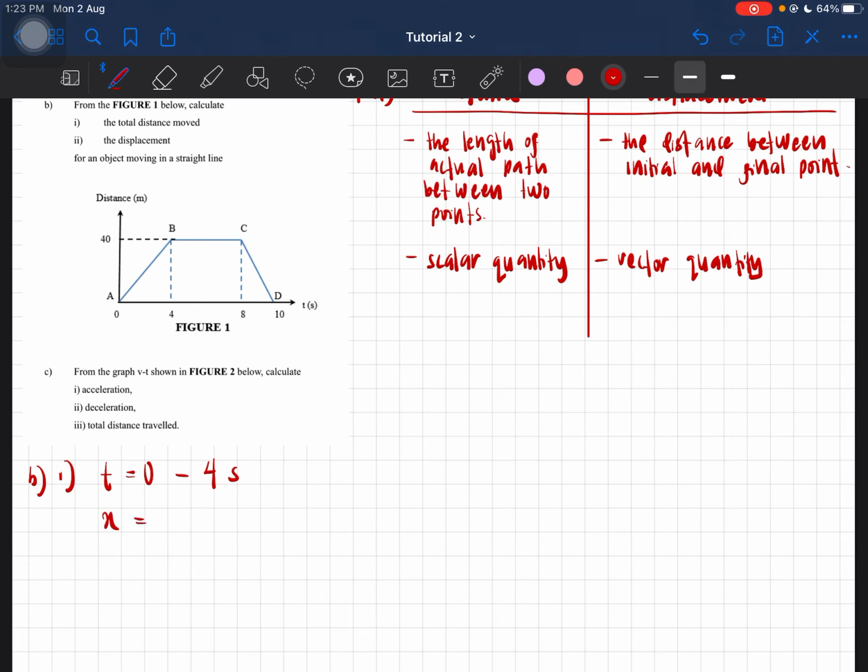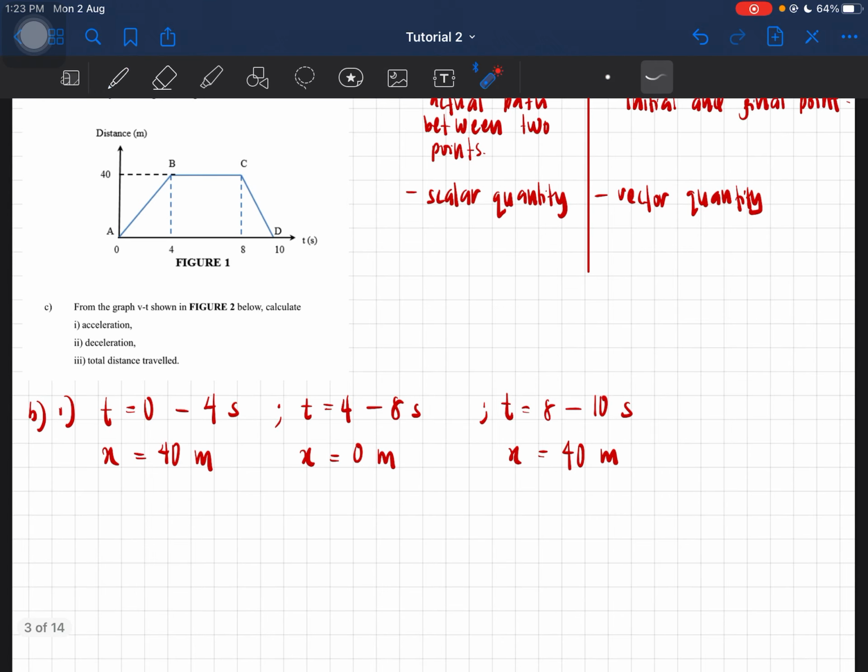The distance is 40 meter, and then at time equal to 4 until 8 seconds, the distance is 0 meter. Okay, and then at 8 to 10 seconds, the distance is still 40 meter. Okay, so x equal to 0 for this part is because there is no movement.